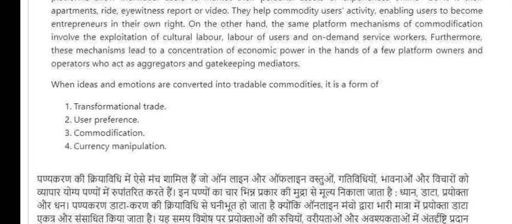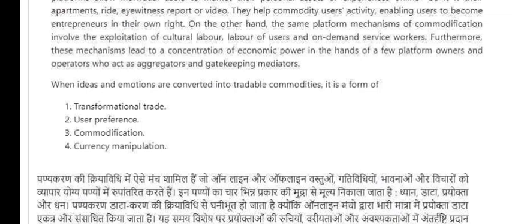They help commodify users' activity, enabling users to become entrepreneurs in their own right. On the other hand, the same platform mechanisms of commodification involve the exploitation of cultural labor of users and on-demand service workers. Furthermore, these mechanisms lead to a concentration of economic power in the hands of a few platform owners and operators who act as aggregators and gatekeeping mediators.